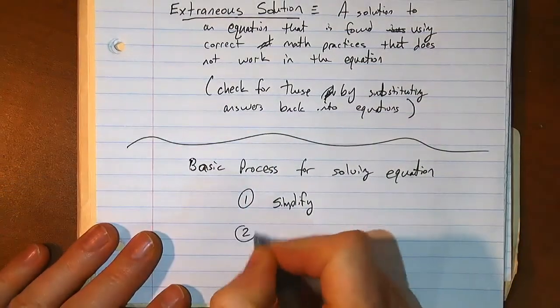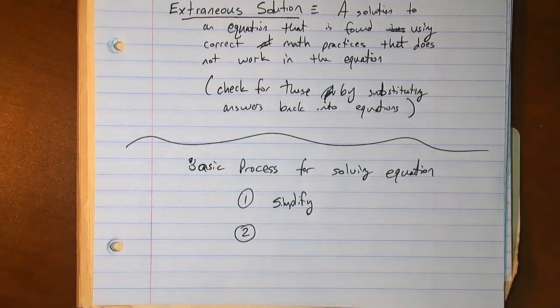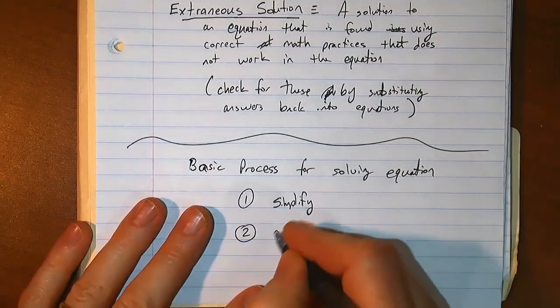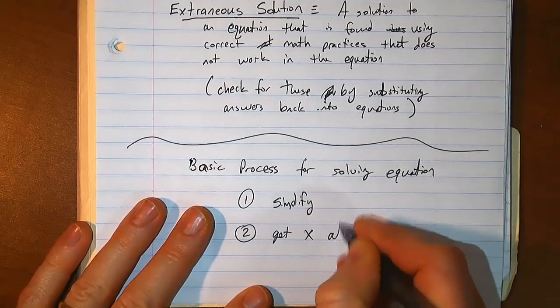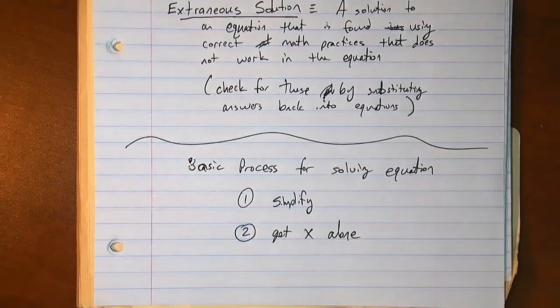And then after that, we have some sort of process to get x by itself. Okay, and again, with linear equations and radical equations, we just simply used inverse operations. So if there was a +3 added on to the x, then we used -3 on both sides of the equation to get the x by itself.